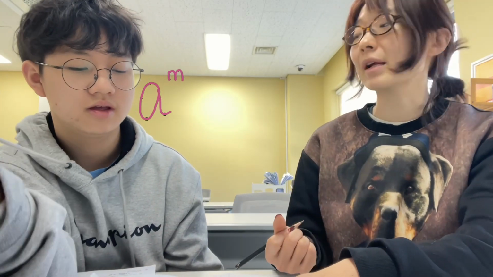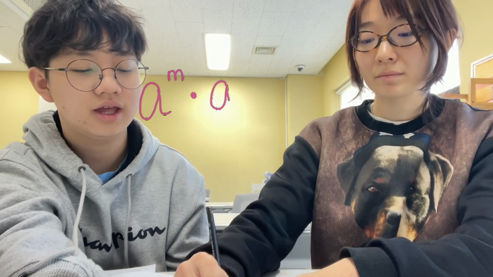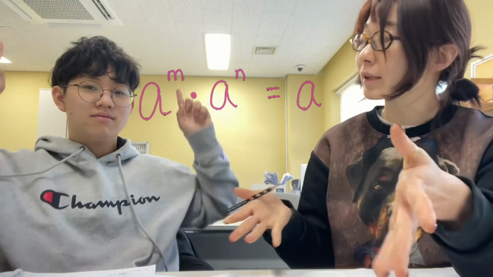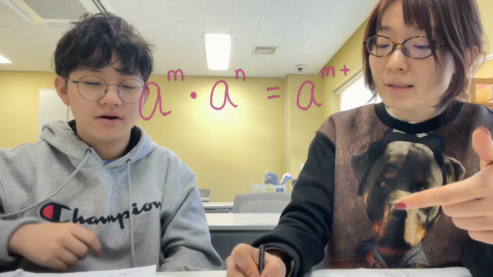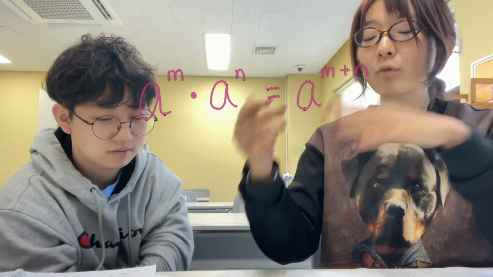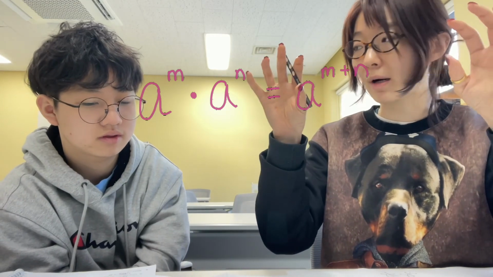What do we end up getting? A raised to the power of m plus n. Very good. And what do we call this again? Product of power. Yeah, we're multiplying two powers.